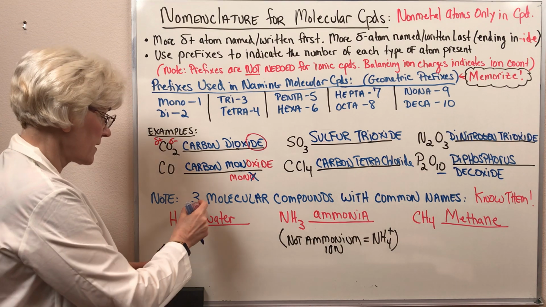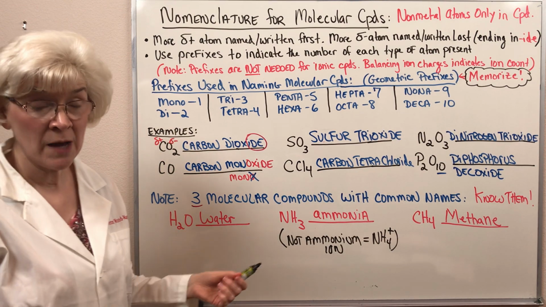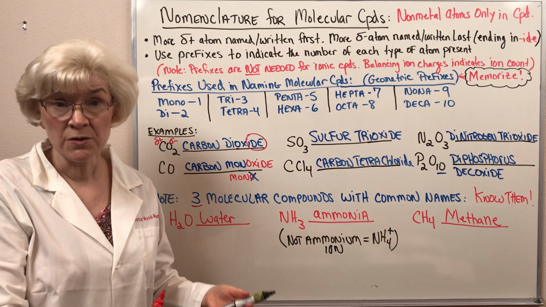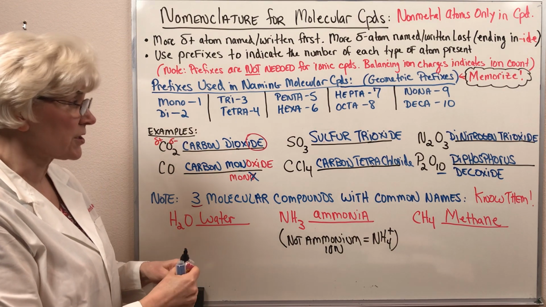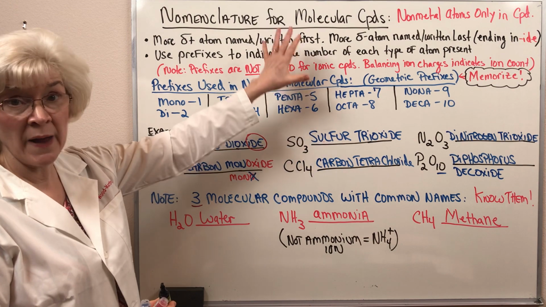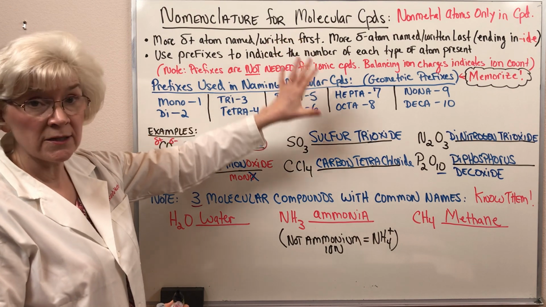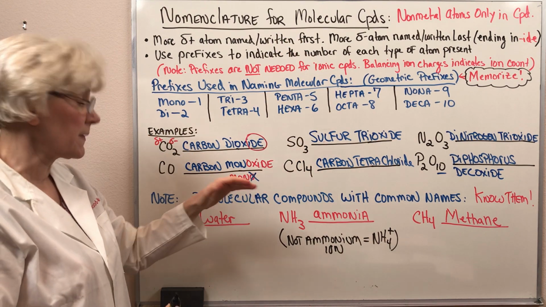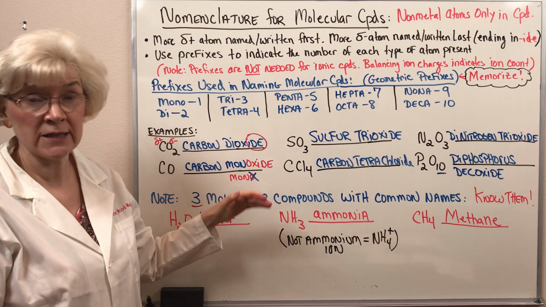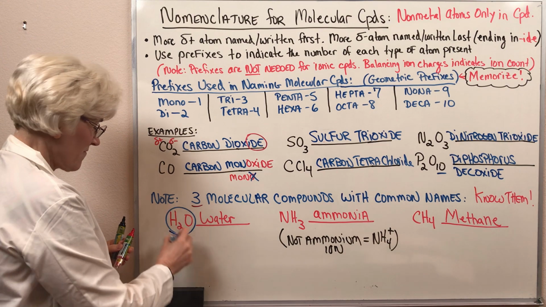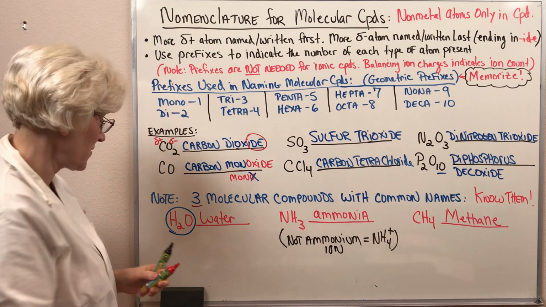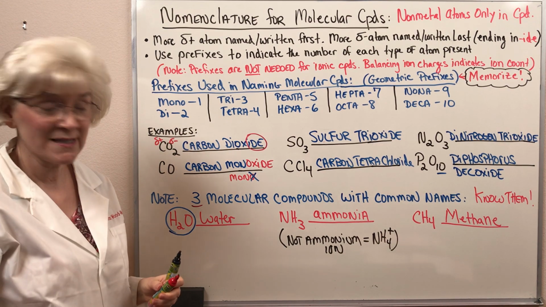are 3 molecular compounds with common names that you need to know and be aware of throughout the rest of this semester. They don't fall in this pattern of molecular compound nomenclature, even though they are molecular compounds. And the first one is a very familiar compound to you. You recognize this.